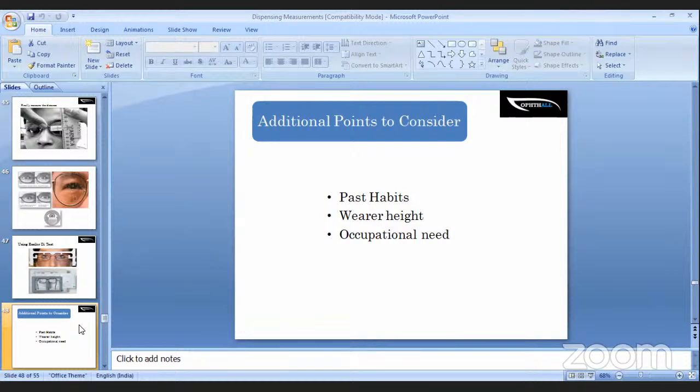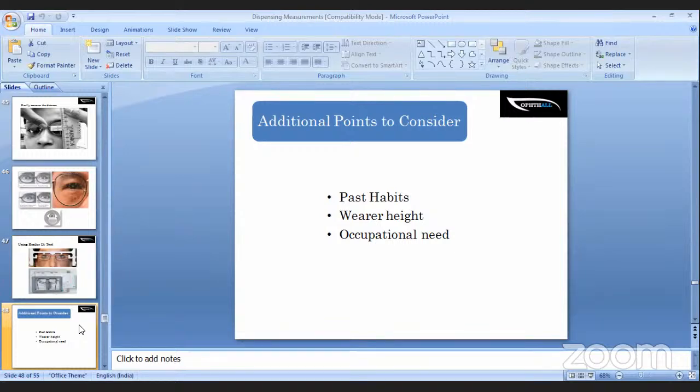Patient's physical height is also very important. Tall people usually have a habit of keeping the neck a little bent. So for them, the height should be a little up, and short people usually keep their neck a little up. So for them, the segment height should be a little down.